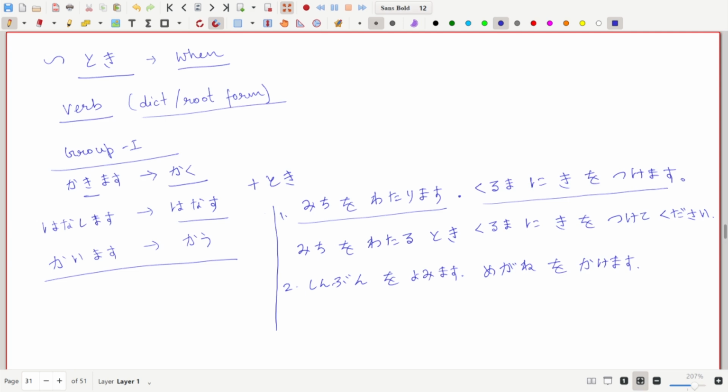So combining these two, when I read the newspaper, I put on specs. Megane is for specs. So shimbun o yomu toki, shimbun o yomu toki megane o kakemasu.